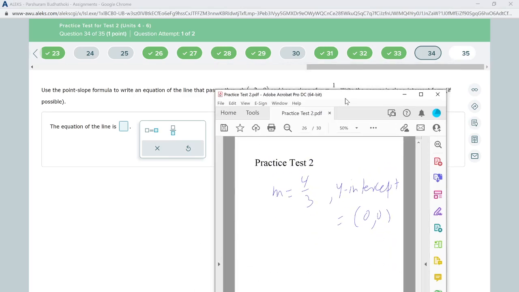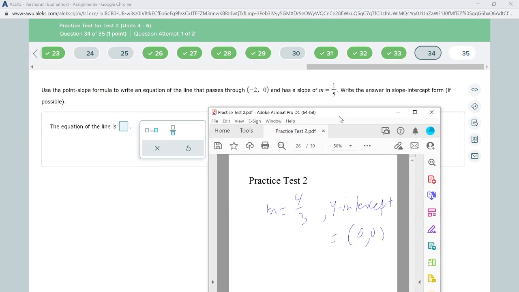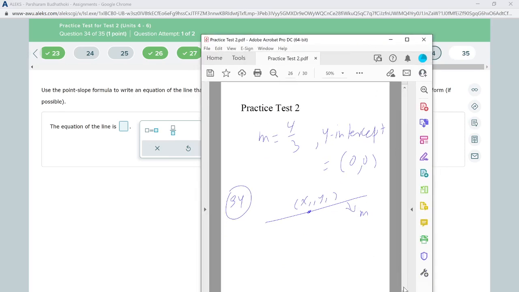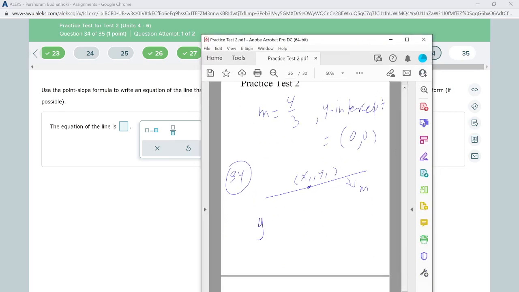Whenever we are given the slope and a point, say a line passes through a point (x1, y1) and the slope of this line is m, then the formula for the equation is y = m(x - x1) + y1.